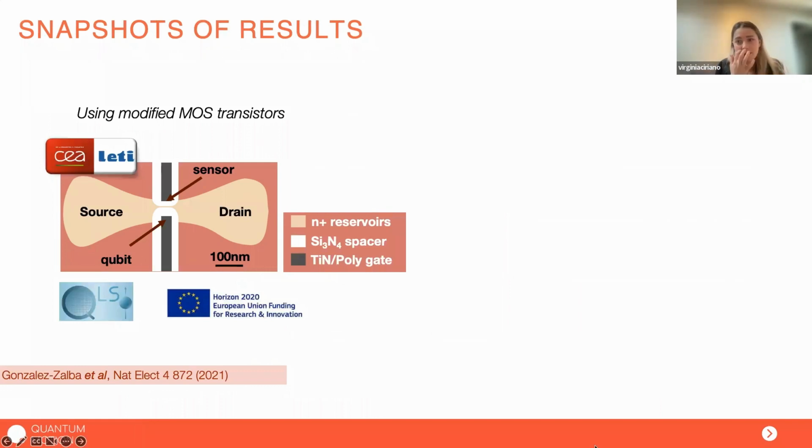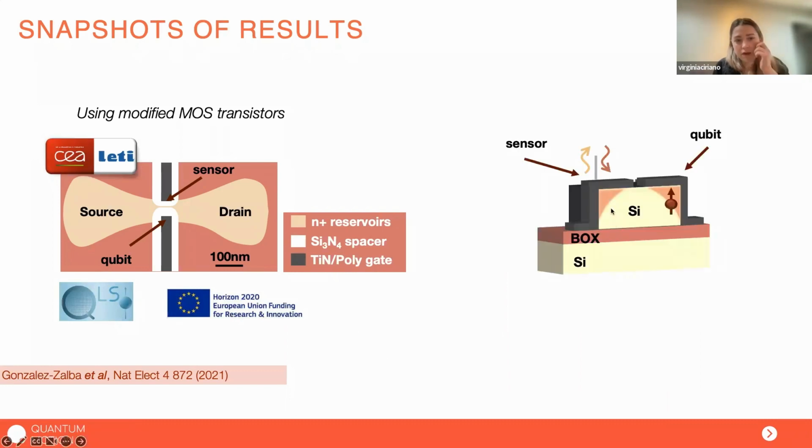Okay, so what we did is we collaborated in a European project, and we have this nanowire. It works as a FinFET, which is a transistor, and it has two gates. If we see a transversal view, we can see that one quantum dot is formed under each of the gates. So we used one of the gates as a sensor and the other one as a qubit.